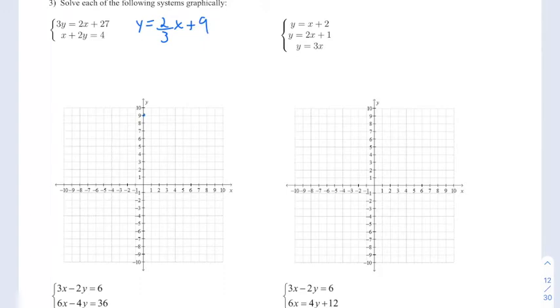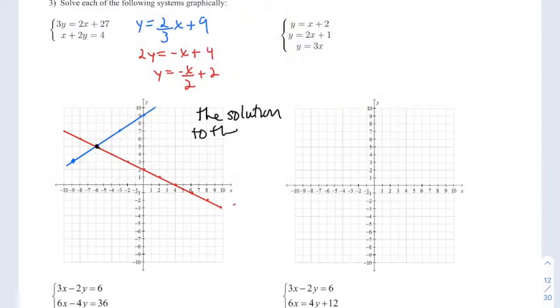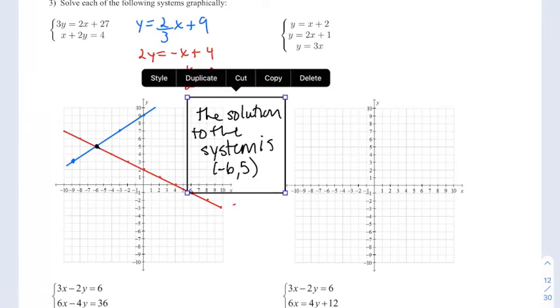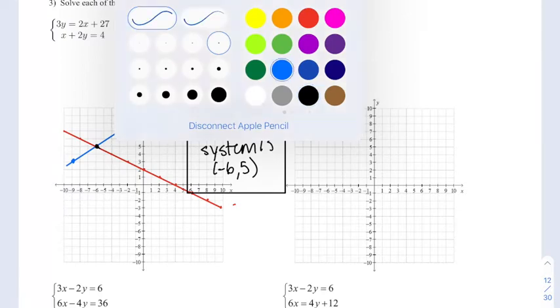Then I start with the y-intercept and I use the slope to help me locate other points. All right, so we're going to need a sentence answer here. The solution to the system is -6, 5. Let's give the other ones a try.